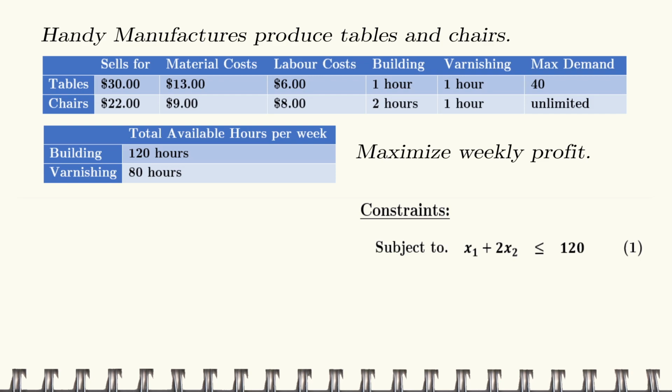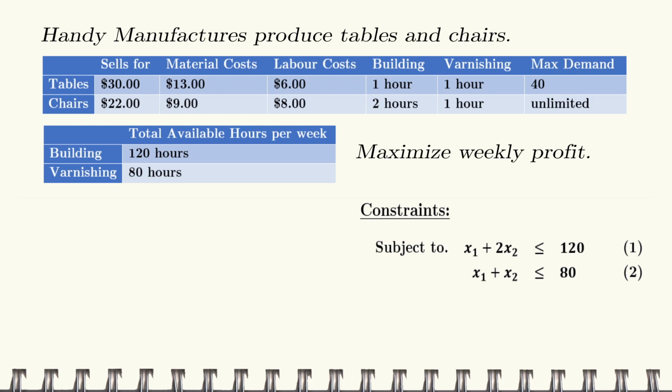In a similar fashion, a constraint can be defined for the varnishing hours available, which is 80 hours per week, and with 1 hour of varnishing required per table and 1 hour required per chair, we know that 1 hour times the number of tables, x1, plus 1 hour times the number of chairs, x2, should be less than or equal to 80 hours.